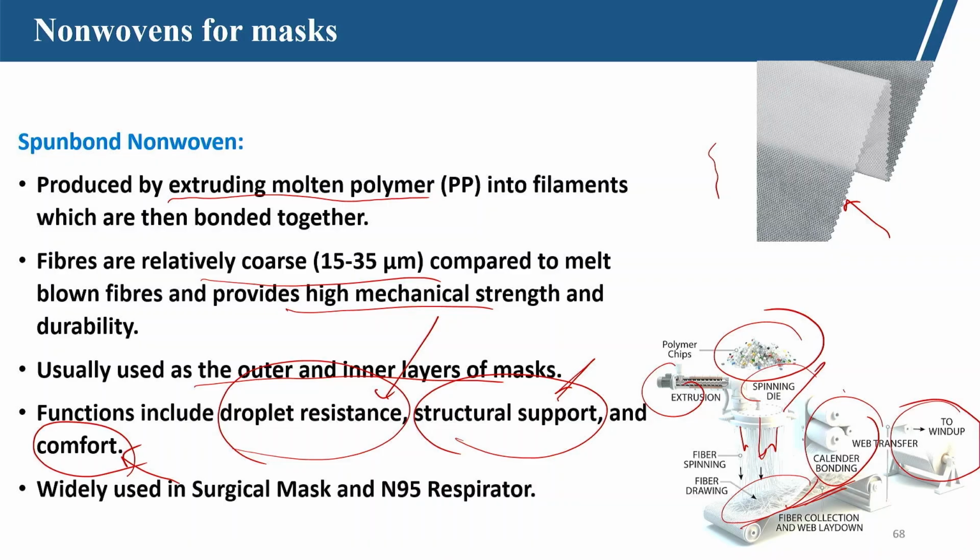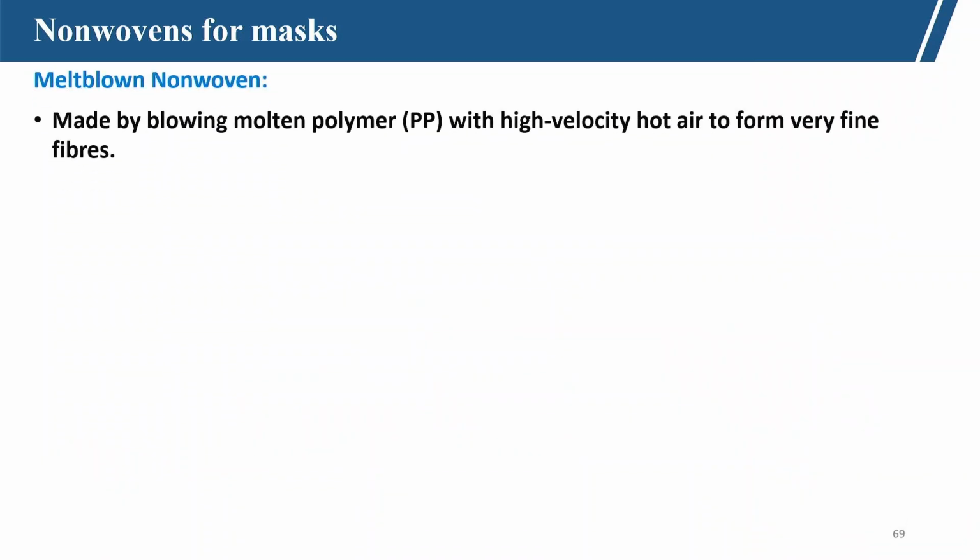It is widely used in surgical masks and N95 respirators. The melt blown technique is made by blowing molten polymer with high velocity hot air, and when the molten polymer comes under the high velocity hot air, it gets stretched further.